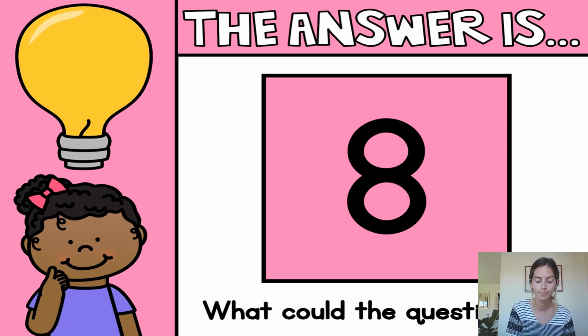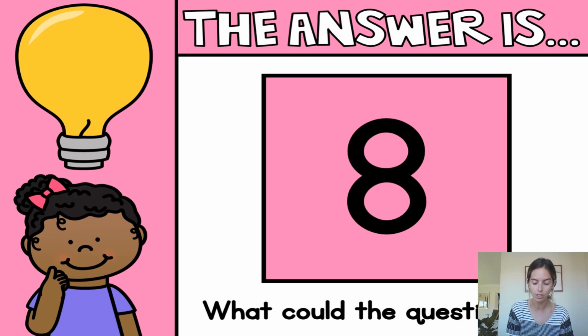So remember, we know that groups of is repeated addition. So 2 plus 2 plus 2 plus 2. So there's my 4 groups, and I want you to visualize that I've got 2 in each group. So I've got 2 here, 2 here, 2 here, and 2 there.